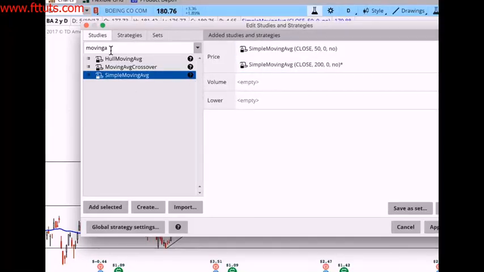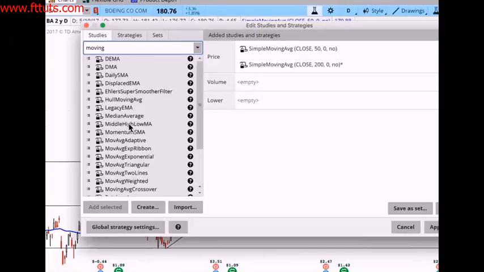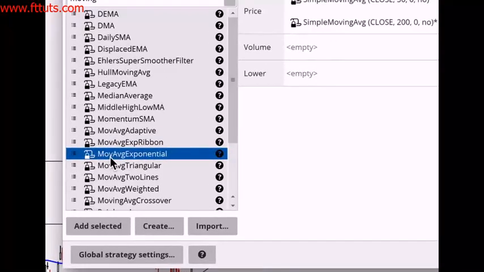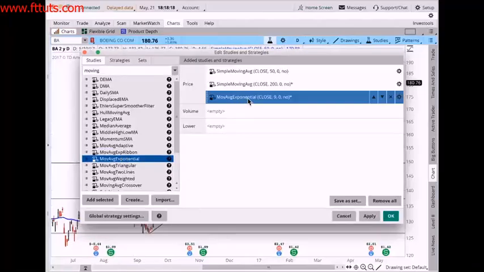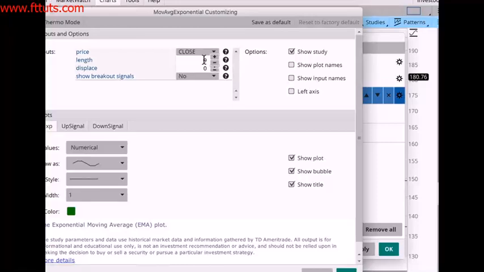I can also put in the exponential moving average. Moving average exponential. This one. 20 EMA. Red.